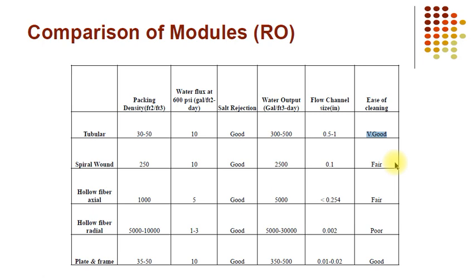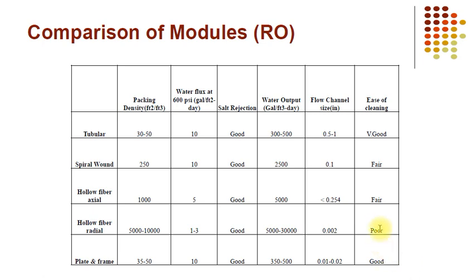Because you don't want to clean the membrane repeatedly, you use pre-treatment of water in domestic setups. Next is the hollow fiber axial module. There also you have a fair cleaning process, and it is good in the plate and frame module. That's why, if you want to do some experiments and clean the membrane very easily, you use the plate and frame module in the laboratories.